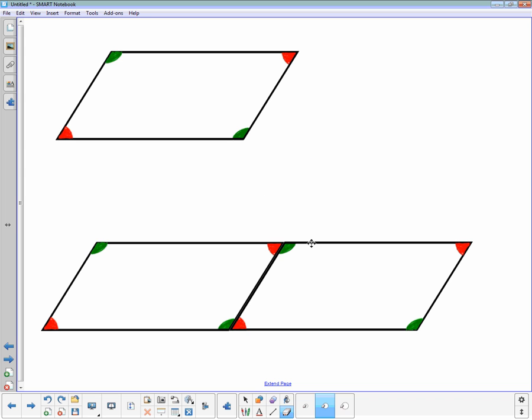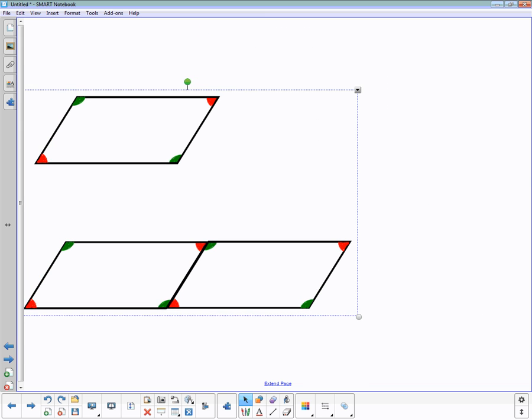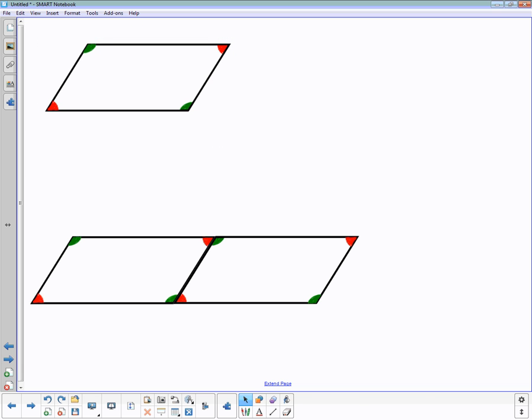All right, so if I have two angles that are next to each other, what's a mathematical word that we use for angles that are next to each other? Say it. Adjacent. So we have the following.